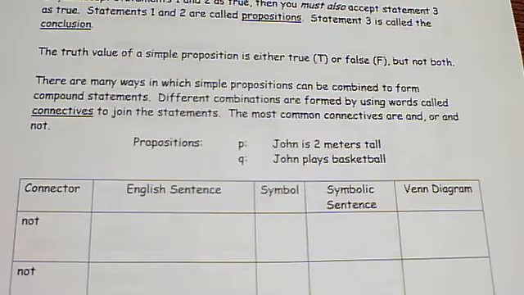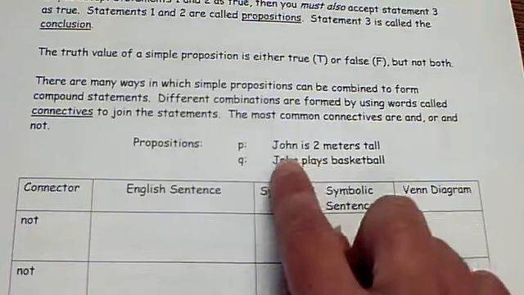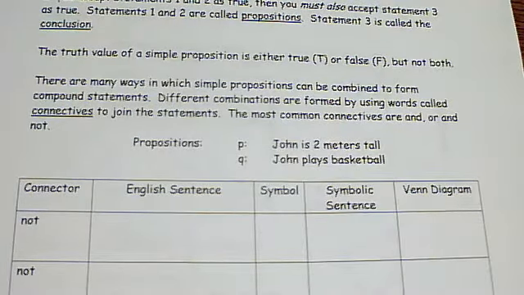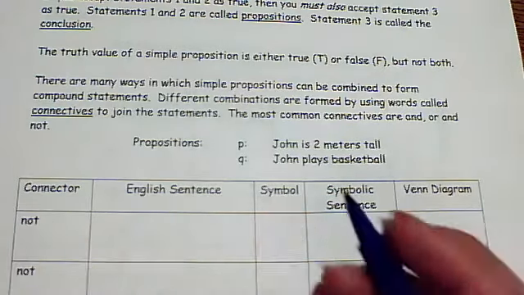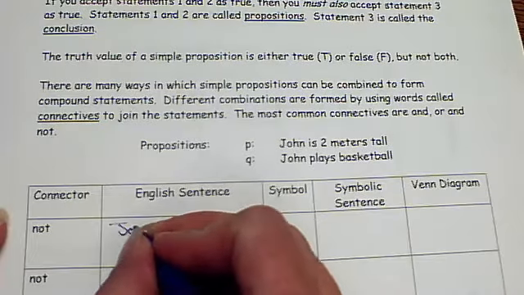So let's look at this first example here. Not. Okay? So let's use the first one. If we're going to change John is 2 meters tall, the English sentence would be John is not 2 meters tall.